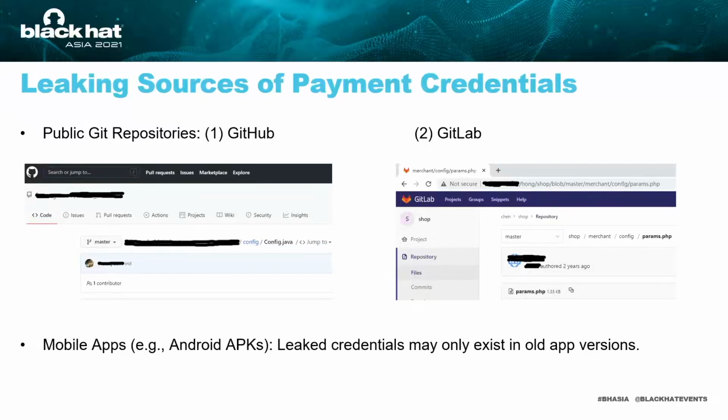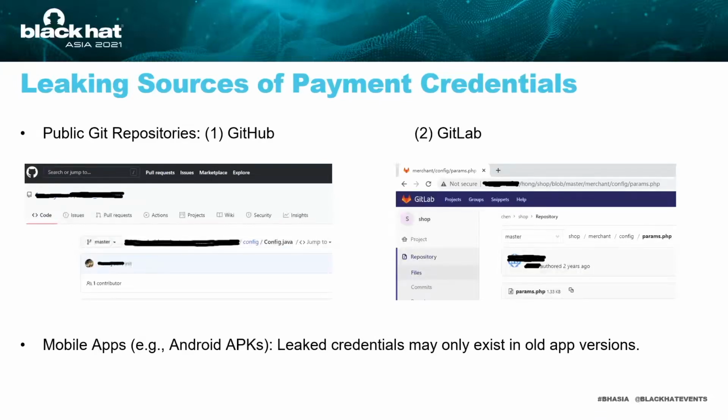The second leaking source is mobile apps. Because many app developers may deploy the server-side projects in the front end, in this work, we mainly focus on the Android apps because their installation packages or APKs can be easily obtained from the third-party app market.